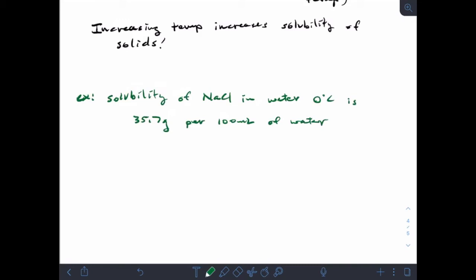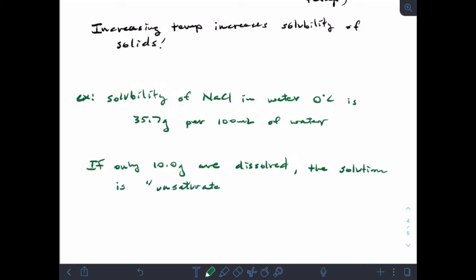Now, if only 10 grams are dissolved, we say that the solution is unsaturated, meaning that we can still get more in there.